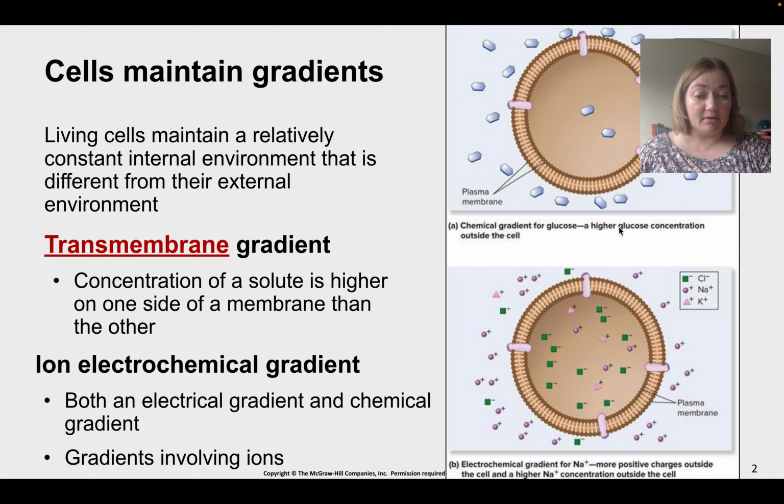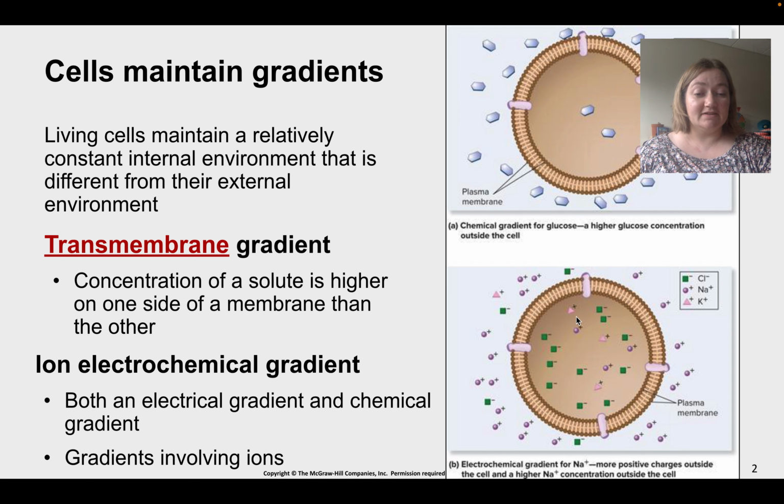So if we look at this bottom image here, we're looking at the electrochemical gradient for sodium and chloride. If we look at sodium, which in this image is this purple dot here, we see that inside of the cell, there are fewer of these sodium ions compared to outside.